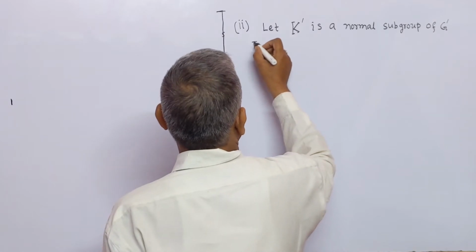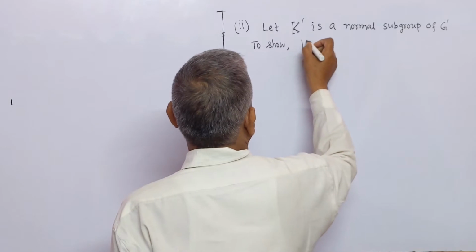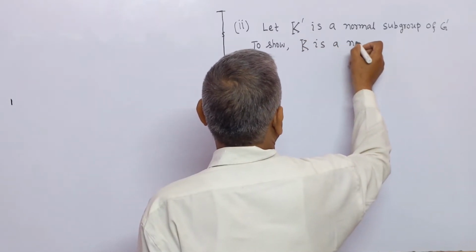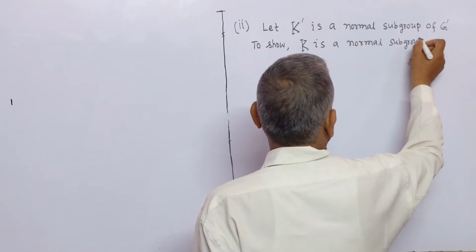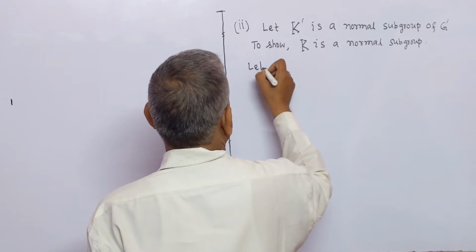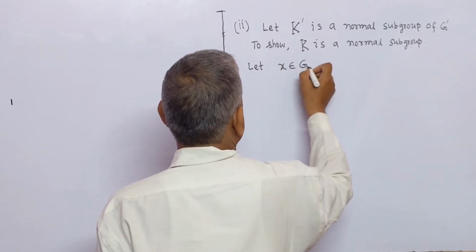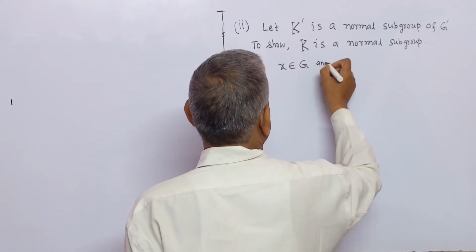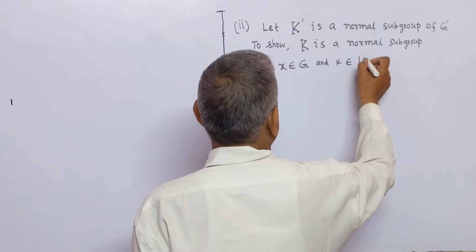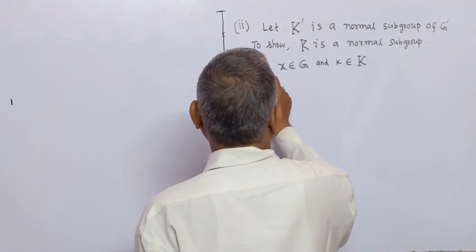To show K is a normal subgroup, let x belong to group G and small k belong to subgroup K.